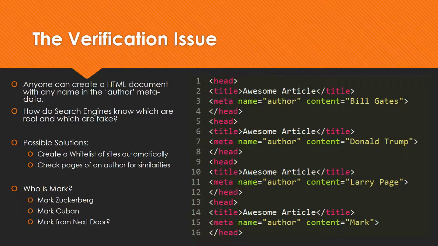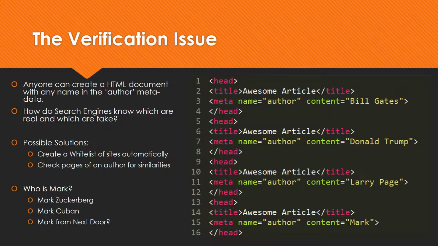But there are a few possible solutions, and these are just the ones I was able to come up with while making this PowerPoint. I'm sure the people at Google and Bing and Microsoft have come up with way better solutions that would blow these out of the water. But you could potentially create a whitelist of sites automatically. So you could look at an author and say, okay, he regularly posts on these sites about, let's go back to the previous example, we'll say his name is Mark Computerberg, because reasons.